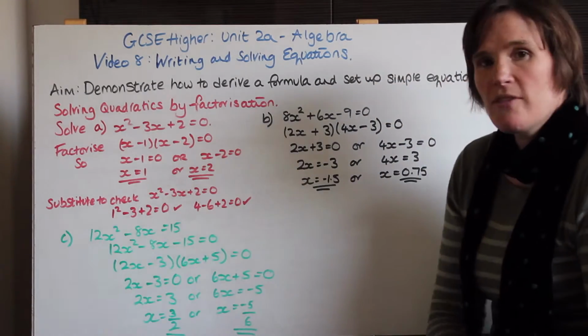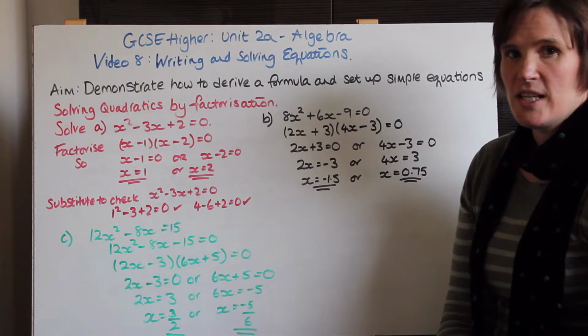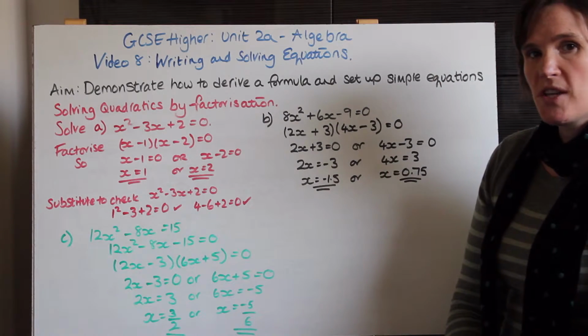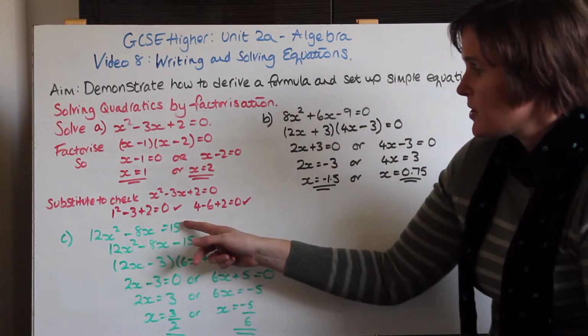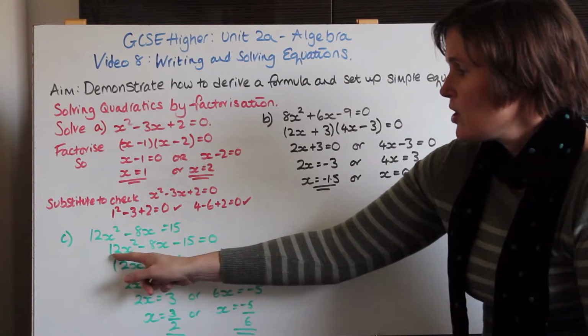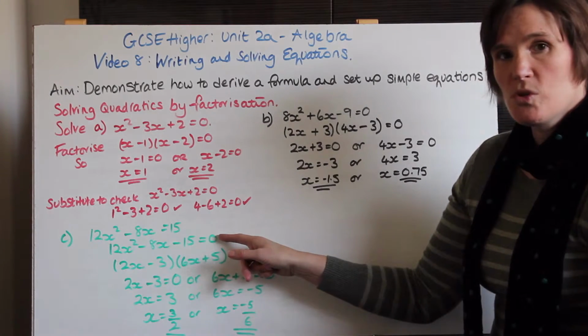In this example we have 12x squared minus 8x equals 15. Well, we want to make this equation equal to 0, and we can do so by subtracting 15 from each side. So we end up with 12x squared minus 8x minus 15 equals 0.